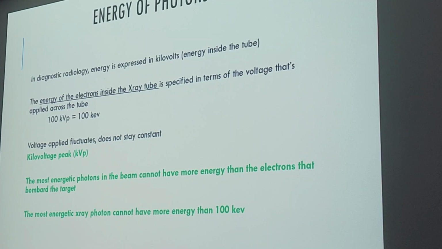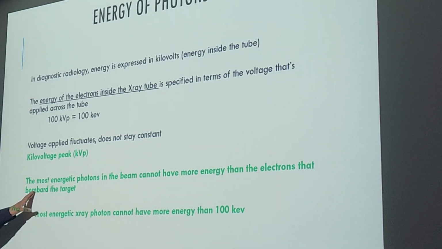All right. Anyone lost? This basically just means once you set your kVp, your electrons cannot have more energy than your number.